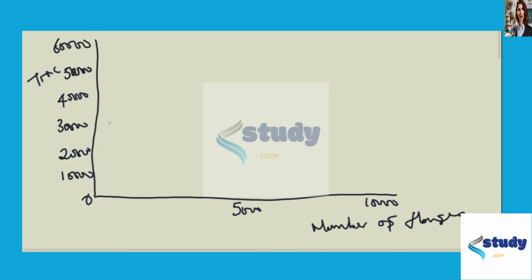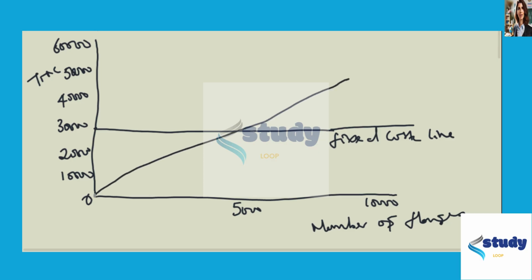So now the graph will have a fixed cost line. From the question, it says it's 28,000, so it should be right here. And this is the fixed cost line. And then the variable cost line will go like this.